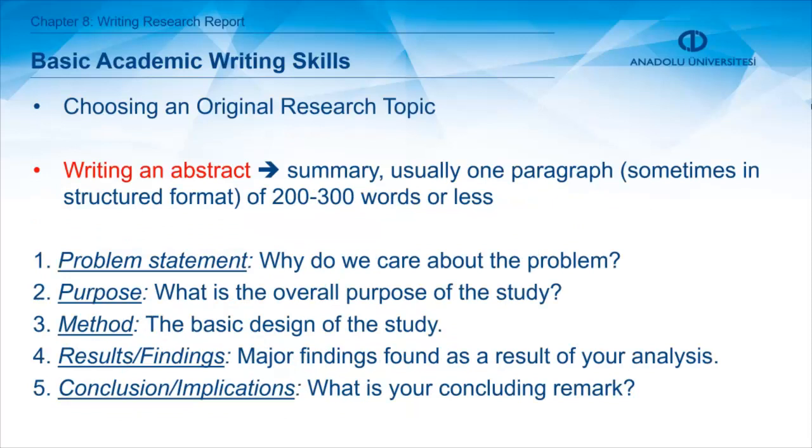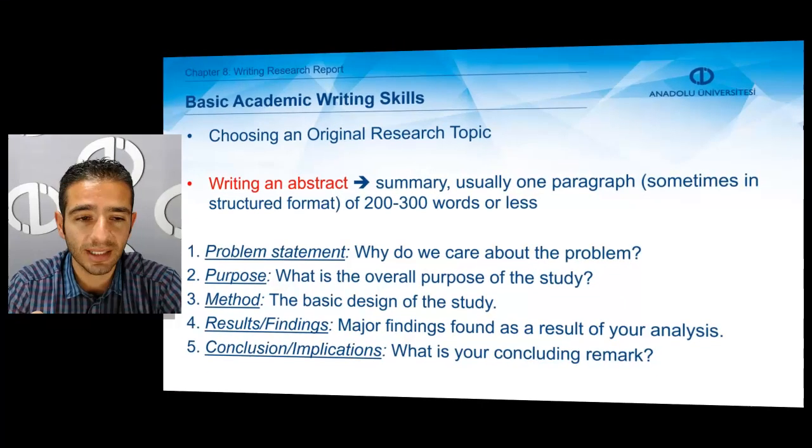And basically, at the very beginning, first of all, you need to choose an original topic to research. You are already familiar with all these issues, deciding on the topic, writing research questions, and so on. And for your abstract, you are familiar with this term, because when you read an article, you can see an abstract just under the title, and it includes a summary.